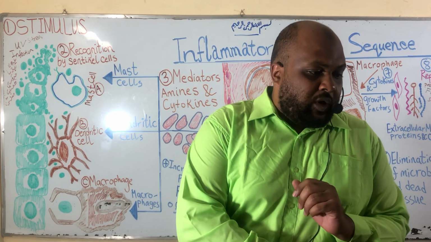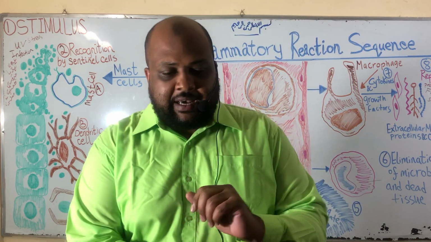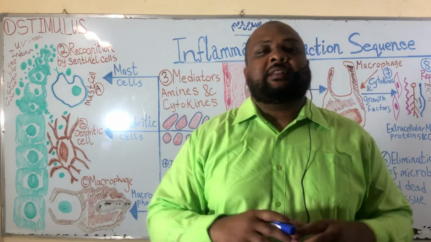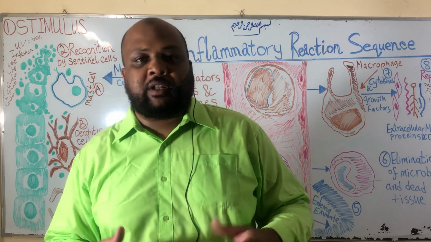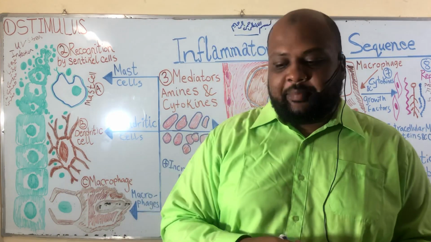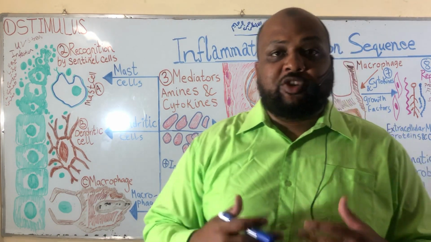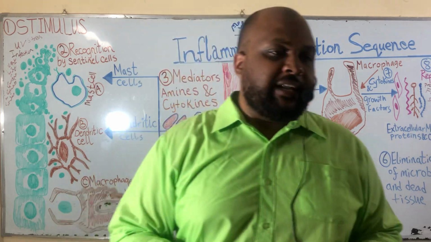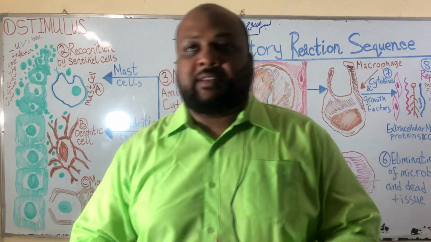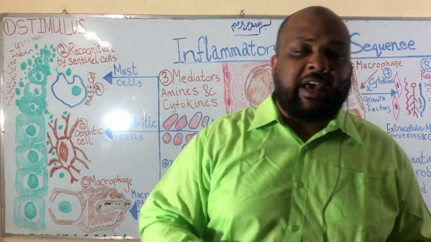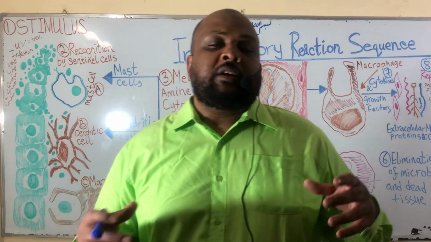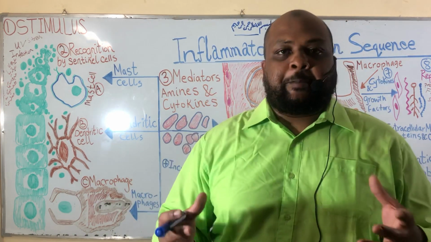All right, so we talked about a normal cell, the cell being the basic unit of health, the basic unit of disease, the basic unit of physiology, the basic unit of pathology, the basic unit of life.